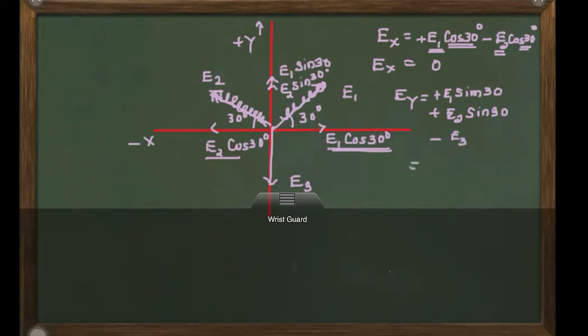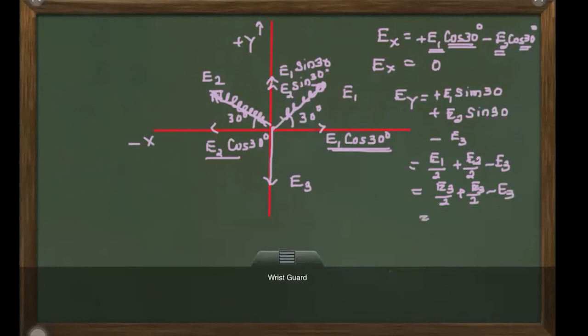And sin 30 means half, so E1 by 2 plus E2 by 2 minus E3. And you know, E1, E2, E3 are same. So if I'm writing E1 as E3, then E3 by 2 plus E3 by 2 minus E3. And you know, the value will be 0 again.